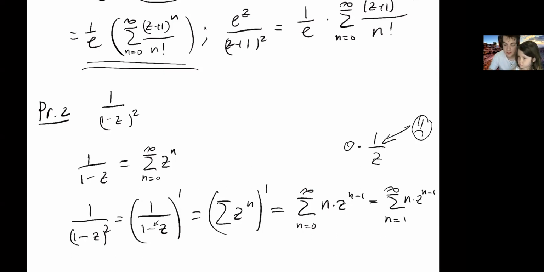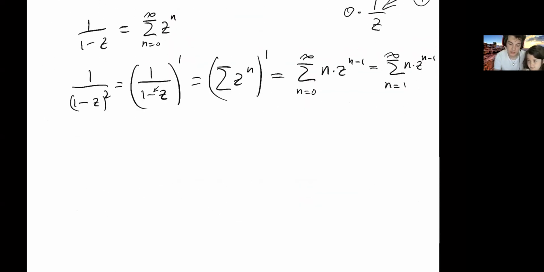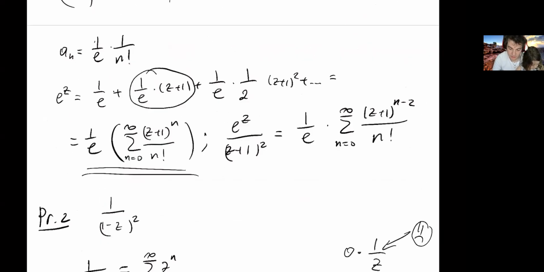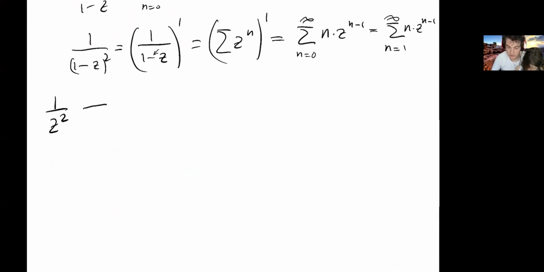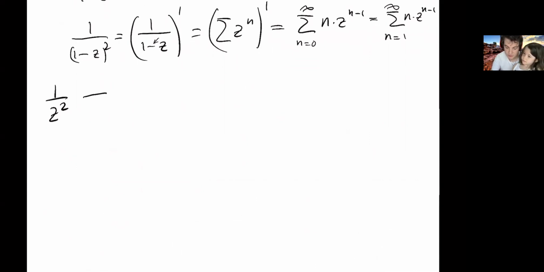Okay, and then the second part of the problem is to write the series for 1 over z squared. So to get 1 over z squared, sorry, my eraser tool disappeared.